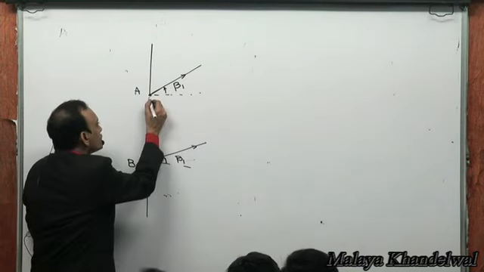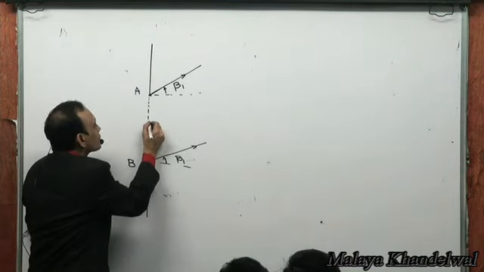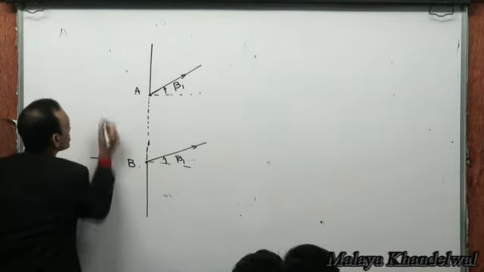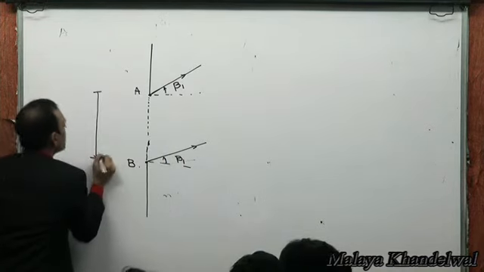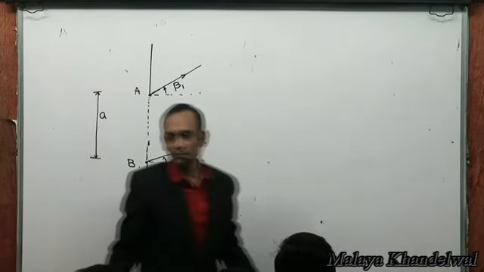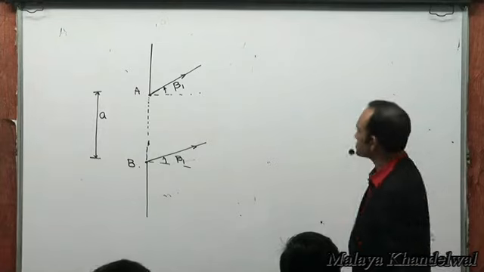Now what I do is, again AB like I said is small a, the width of the aperture. Right?